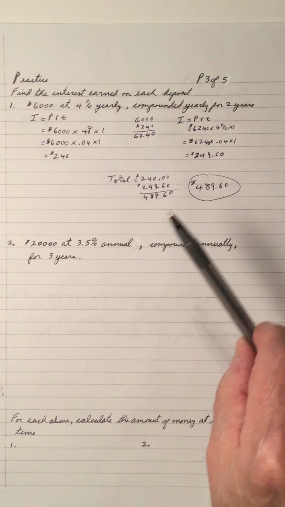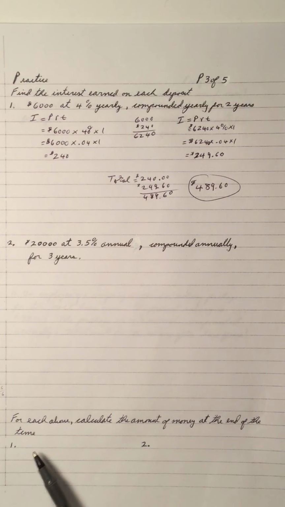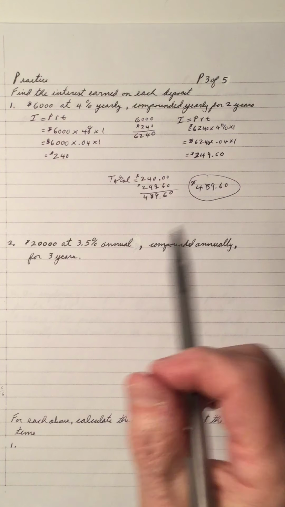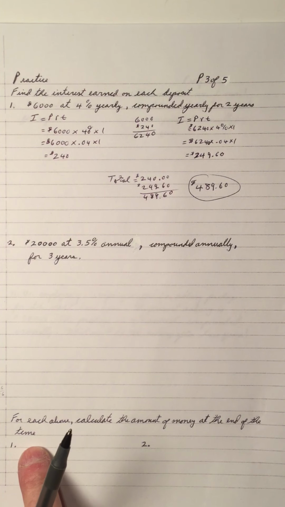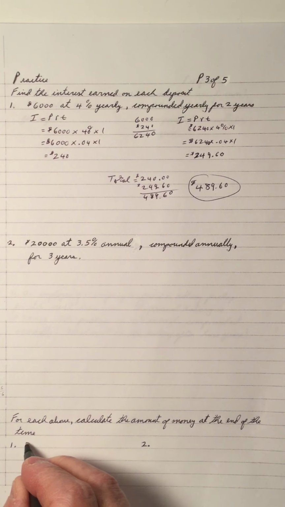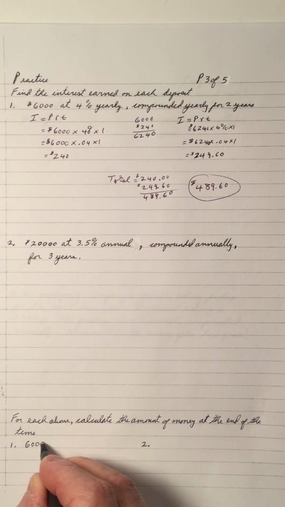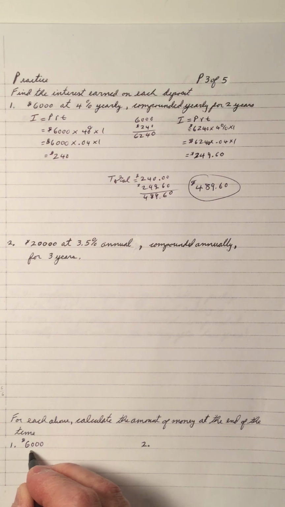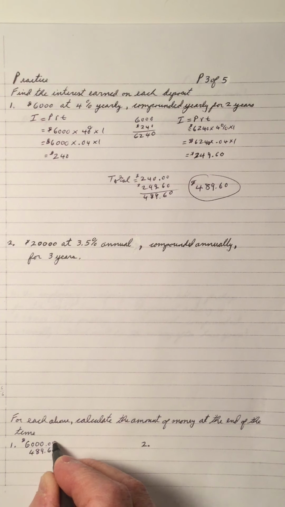If you wanted to find the total amount of money, well, we'll do that down here. So if we go down here on the bottom and we want to calculate the money at the end of the year, then we started off with $6,000 in the bank, and at the end of the second year we gained $489.60 because that was the interest.